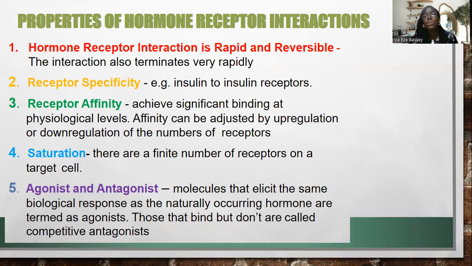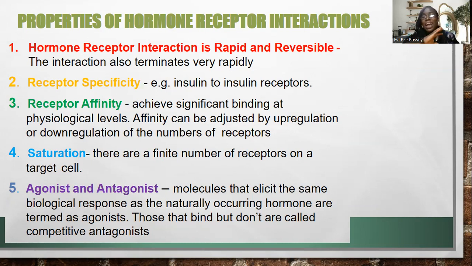Thirdly, there is receptor affinity. This is why the cell is able to achieve significant binding at physiological levels. So the affinity can be adjusted either by upregulation or downregulation of the receptors available. Then you have saturation. There is a finite number of receptors on the target cells.